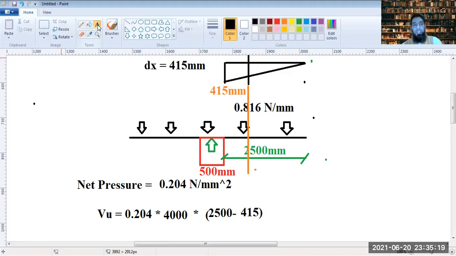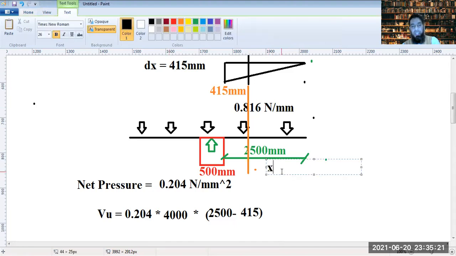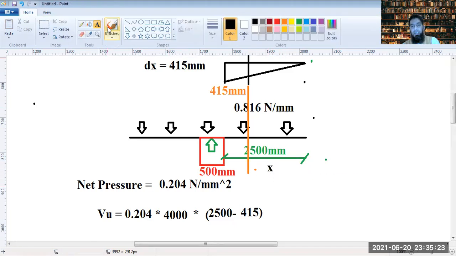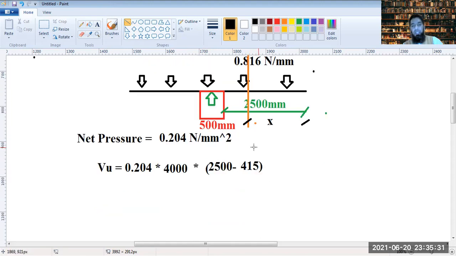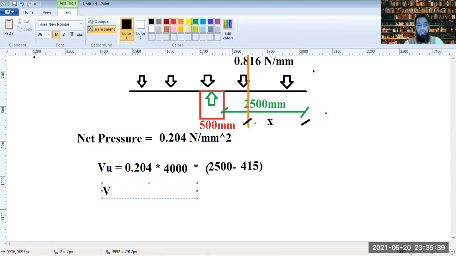I'm determining the shear force at a distance x. This x is from here up till this point, and that x is 2500 minus 415. So you are getting it as W into x. So thereby the value of VU is 0.204 into 4000.